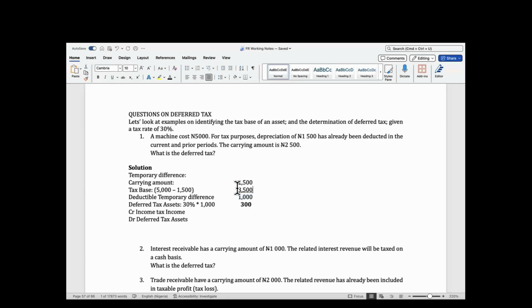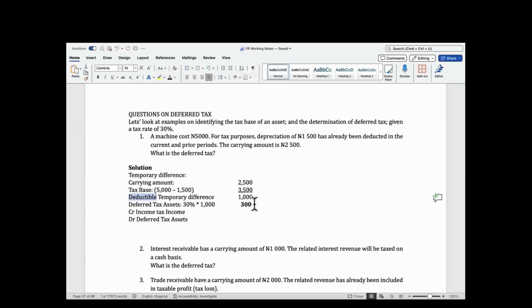So the interpretation of this 3-5 year is the deductions that we get in the form of capital allowance. The interpretation of this carrying amount is the depreciation I will charge. I can see here clearly that the deduction I will get from the tax authority is higher than what I will charge by 1,000. Therefore, I'm going to get more deductions, resulting in a deductible temporary difference that I need to capture today.